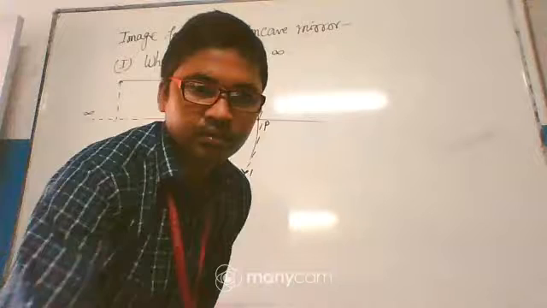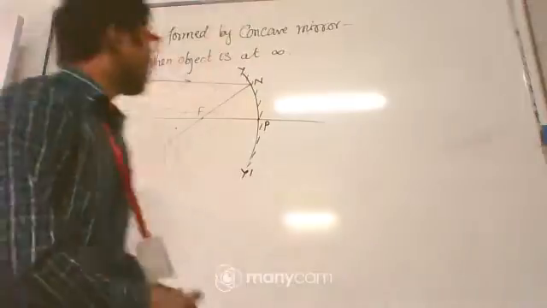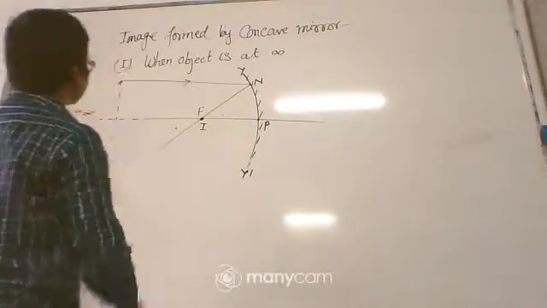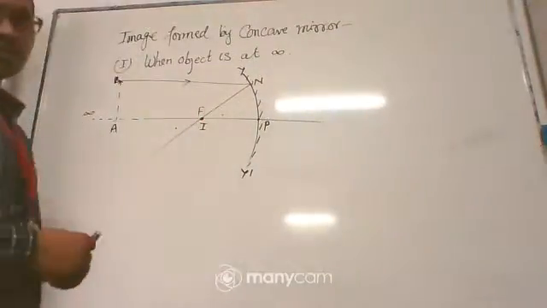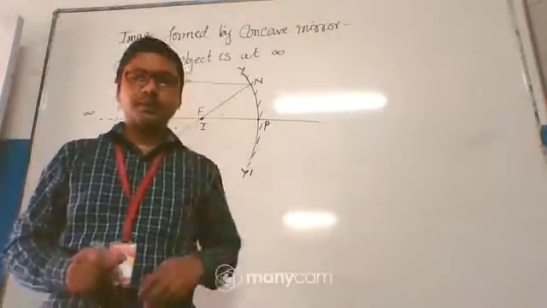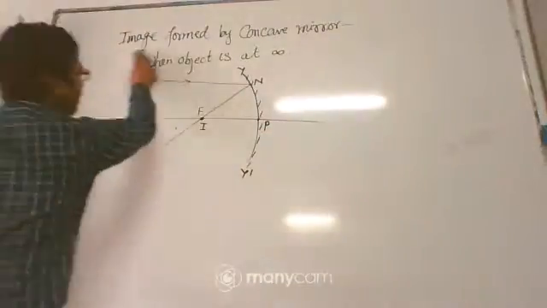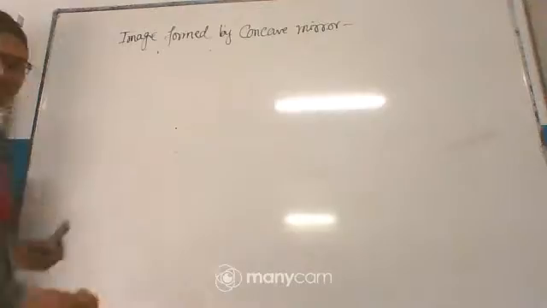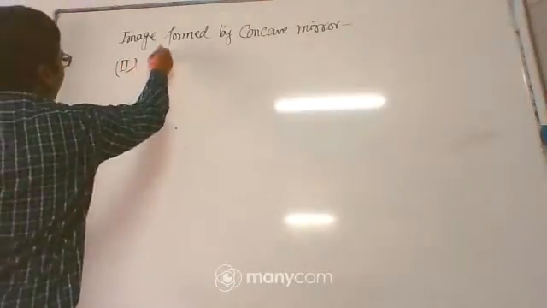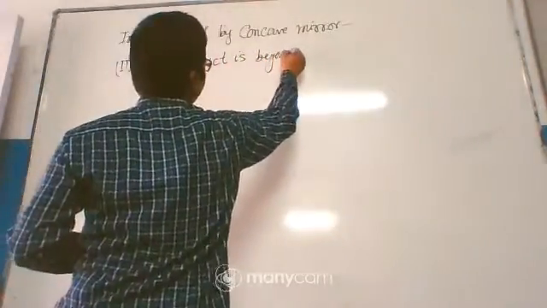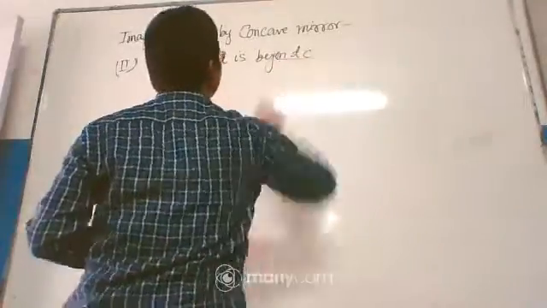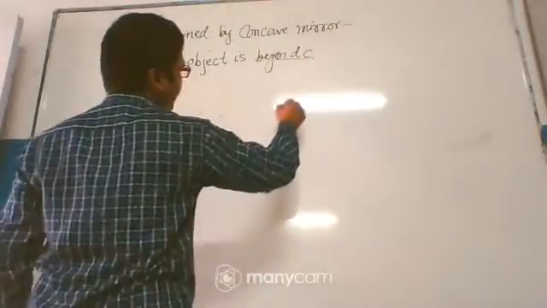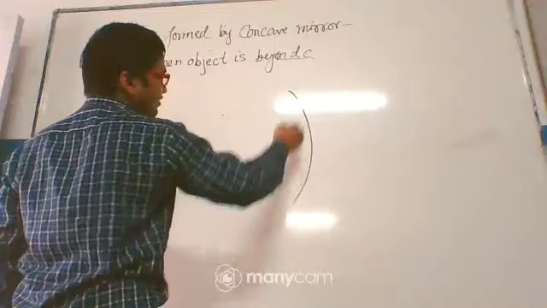So let's see the second case. Second case is when object is beyond C. So for this purpose, let us draw the reflecting surface.